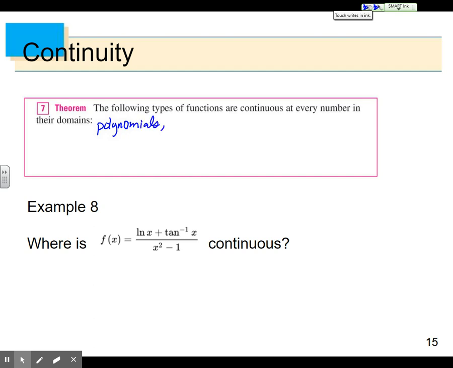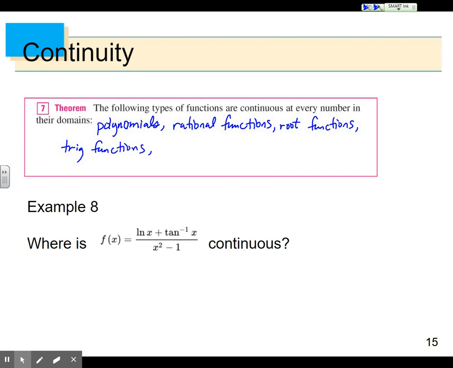And we know that rational functions work. Root functions also work. Trig functions, they're going to be continuous wherever they are defined.